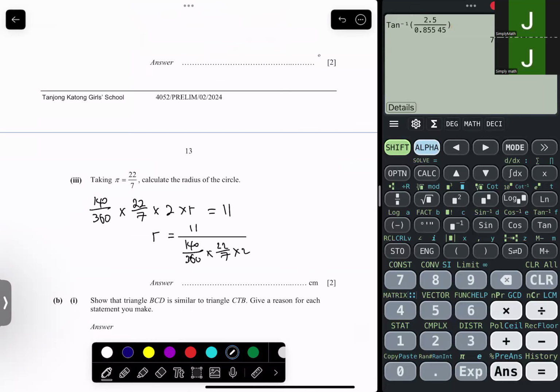Everything just throw over to the other side. So 11 divided by 140 over 360 times 22 over 7 times 2. Okay, 4.5. So radius is 4.5. That's all.